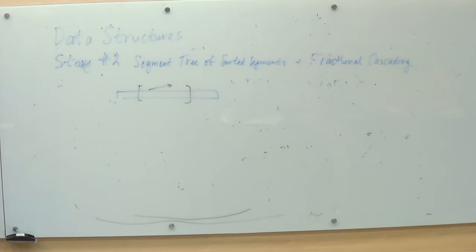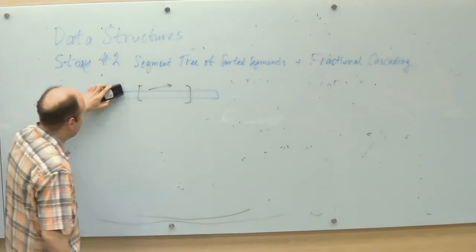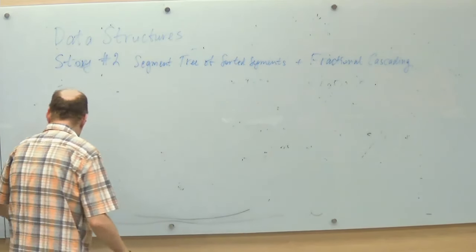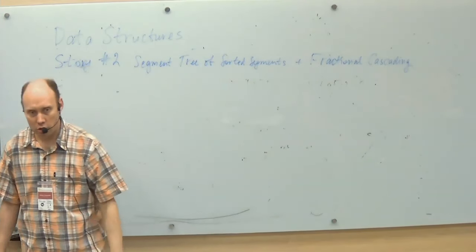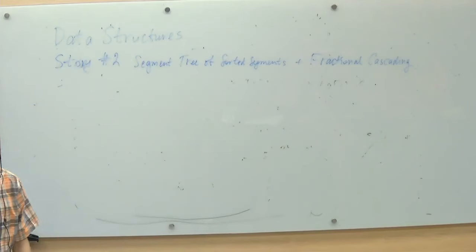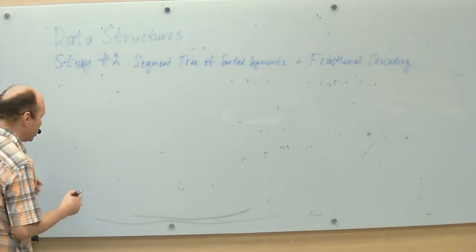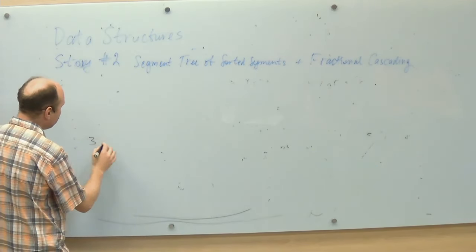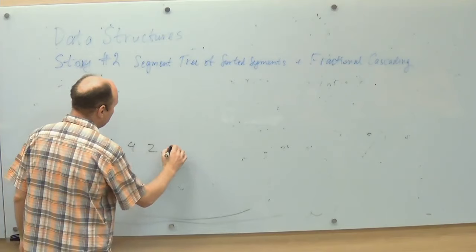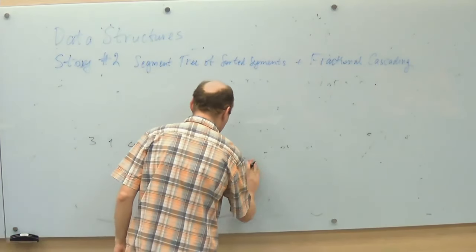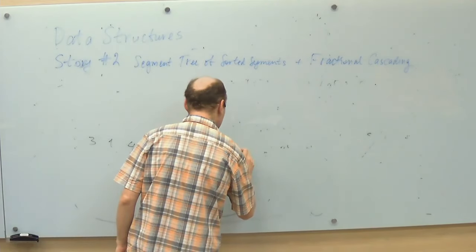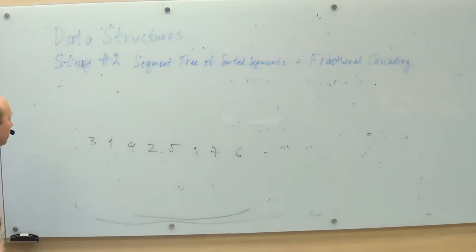So, what would you do? There is a nice data structure, segment tree of sorted segments, or merge sort tree, that can help you. Let's build it. Let's take some array, say 3, 1, 4, 2, 5. I don't remember them, so we make other numbers, 1, 7, 6, something like that.